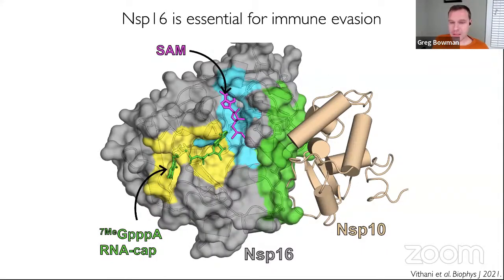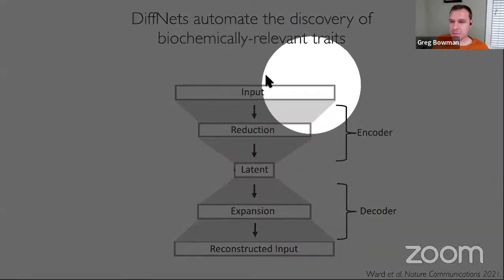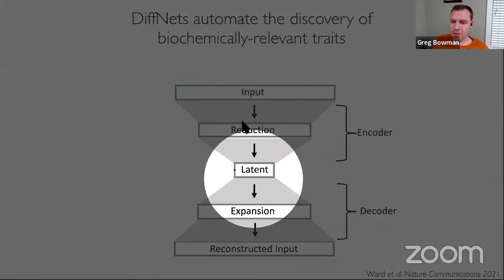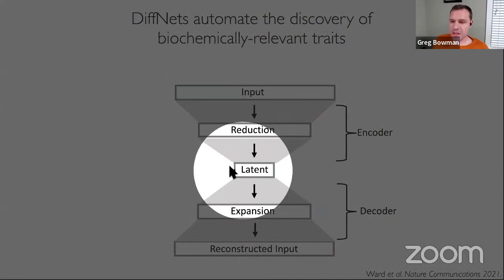And so, like Jagannath, we took an interest in autoencoders, which are these neural networks where you take some high-dimensional input, like a protein structure, you run it through multiple layers of a neural network, each of which is smaller, to get down to some coarse-grained or latent space. So that's the encoder.